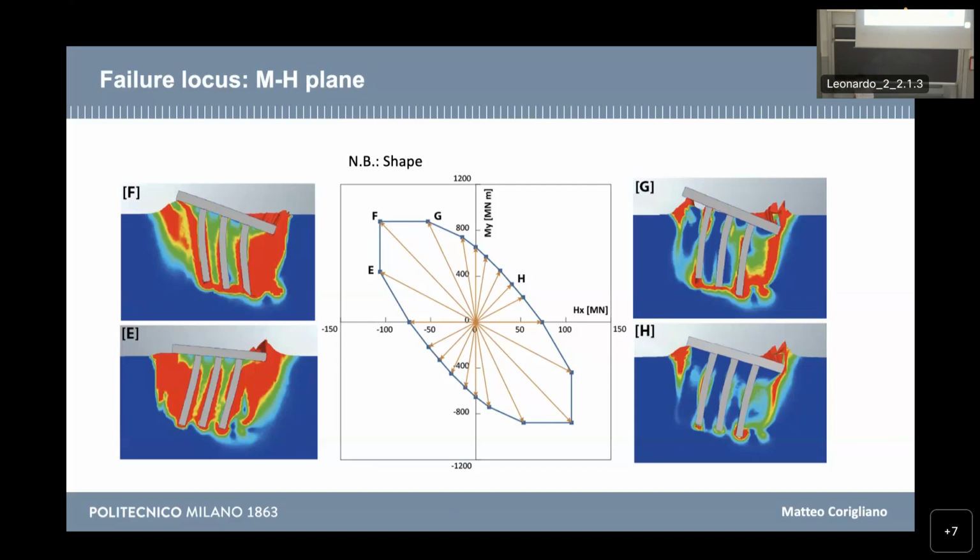And this can be explained thanks to the fact that when bending moment and the horizontal load act in the same direction, I compress the same volume of soil, so that the resistance of the overall foundation is reduced with respect to the case in which they have opposite signs, so the bending moment and horizontal load are on different parts of the soil.